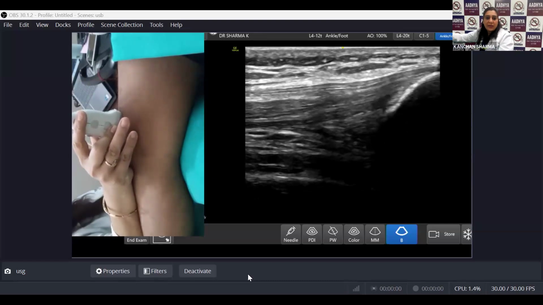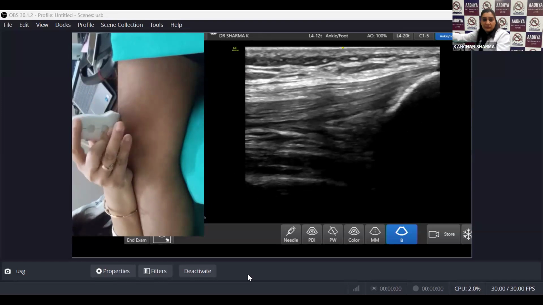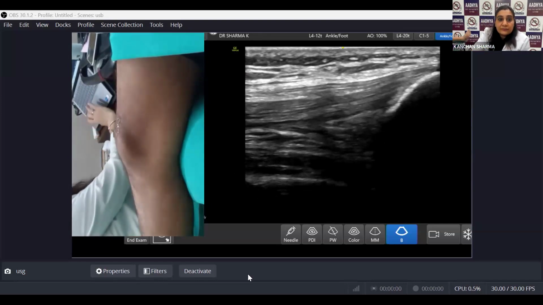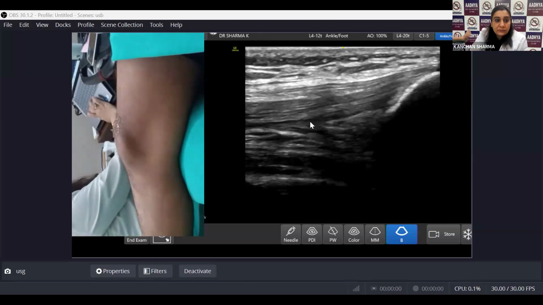So this is how we have, okay, why has my screen stopped? What's wrong with my screen? The screen is not working. Just give me a second. I don't know why my screen has stopped.